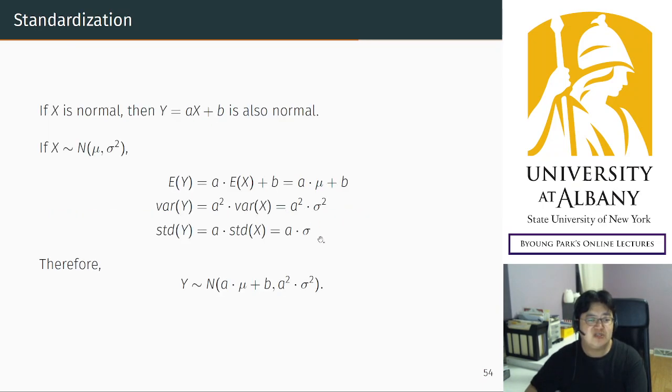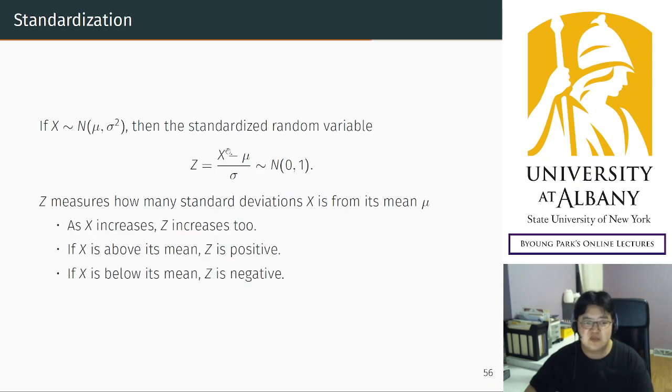Using these results, I have shown that when you transform x into y, I deliberately transform x into a new random variable this way so that the new random variable follows a standard normal distribution. This is the standard normal distribution because the mean is 0 and the variance is 1.